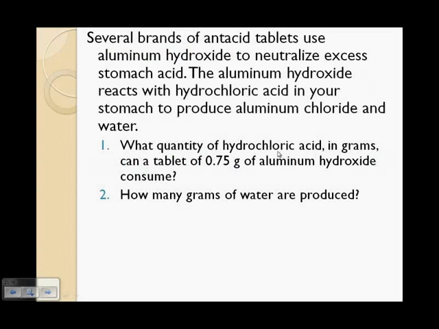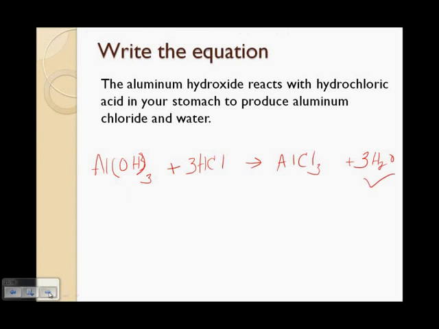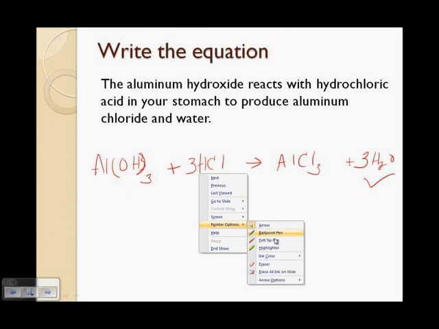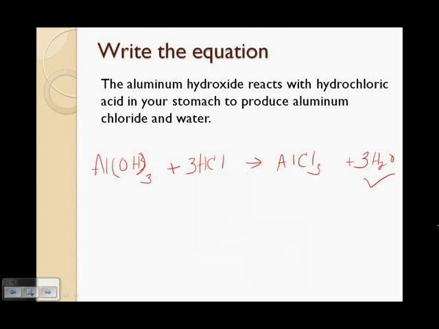How much hydrochloric acid in grams can I neutralize from 0.75 grams of aluminum hydroxide? Okay, so I'm starting with 0.75 grams of aluminum hydroxide, and I want to know how many grams of HCl will be neutralized. So I first have to take my aluminum hydroxide mass and get that to moles.